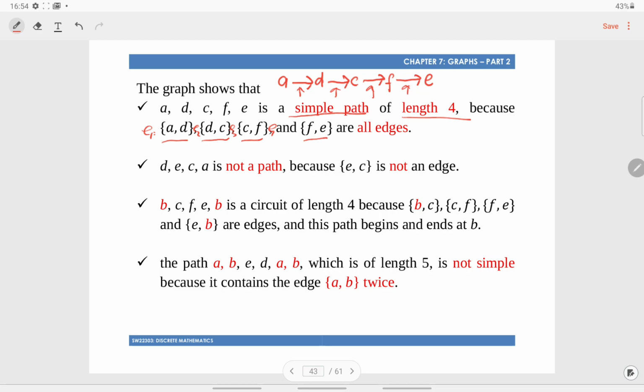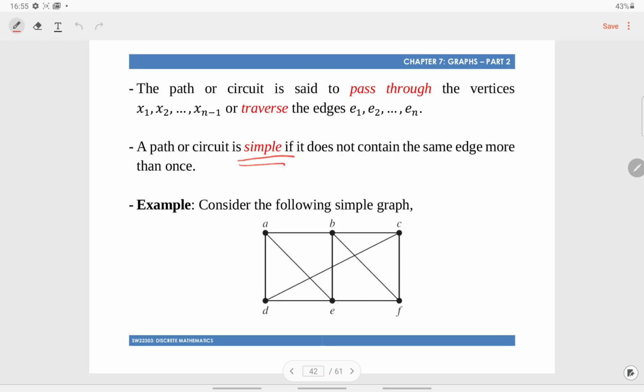The second piece of information: D, E, C, A is not a path. Why? Because EC is not an edge. D, E, C, A means we move from D to E, from E to C, from C to A. But referring back to the given graph, E and C are not connected.